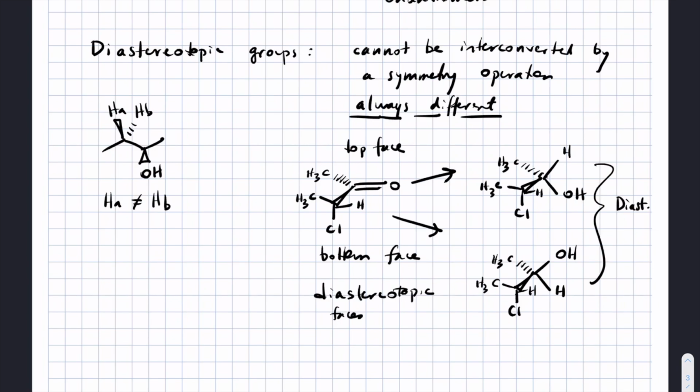The stereocenter of the alpha carbon hasn't changed, but we've got both configurations at what used to be the carbonyl carbon. Because these are diastereomers, they are always different, and the transition states leading to them are also diastereomeric and may be different energies. And so one of these can form faster than the other, and in the final product, you could have a non-50-50 ratio.